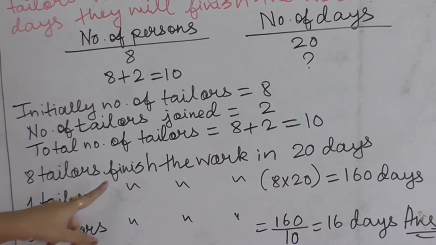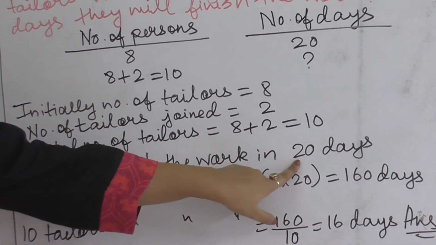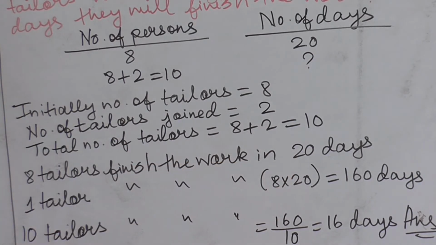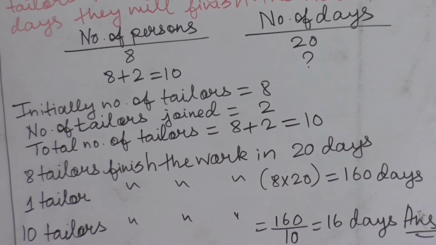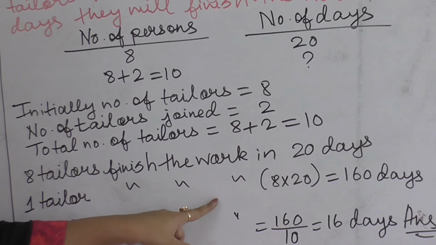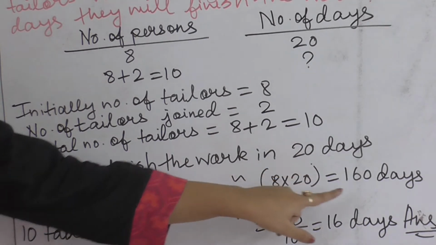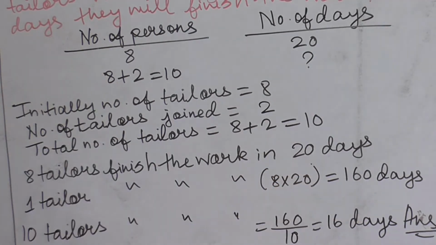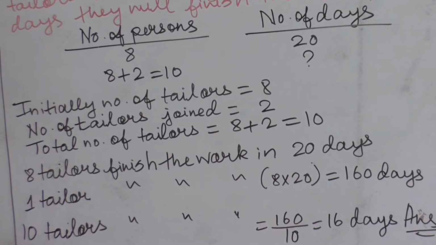Now, 8 tailors can finish the work in 20 days. So, now we have to find out the time taken by one tailor in order to finish off the work. One tailor will finish the work in 8 into 20, that is 160 days. Now, how much time will 10 tailors take?